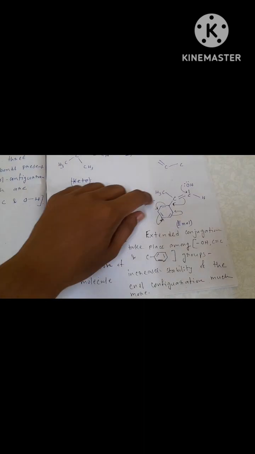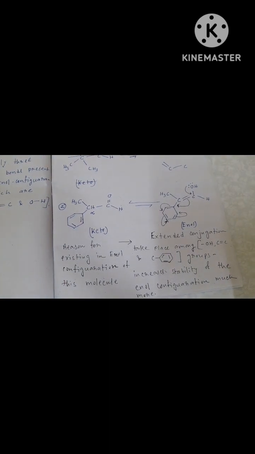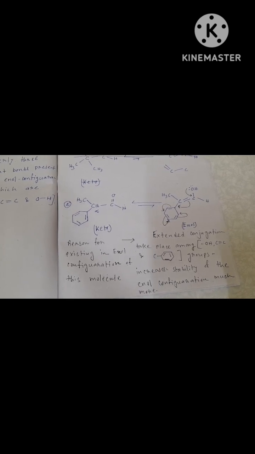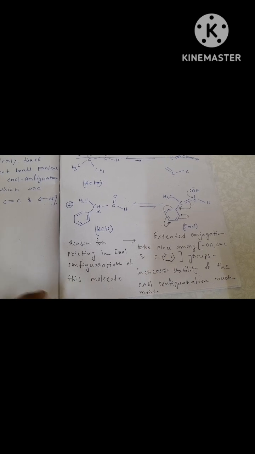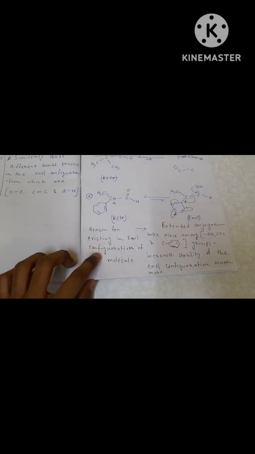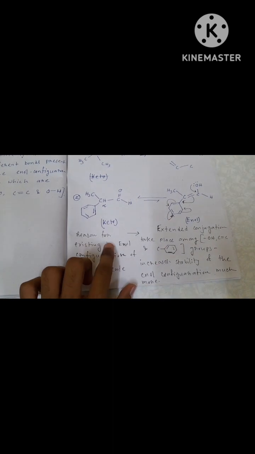So here you can see the extended conjugation takes place, where the oxygen through its lone pair using plus R effect donates its electron toward the pi bonded carbon atom, and this will further undergo resonance into the phenyl ring, and in this way the overall system gets stabilized much more. Thus the given molecule exists in enol form rather than keto form.